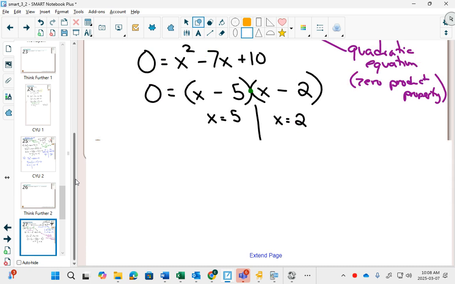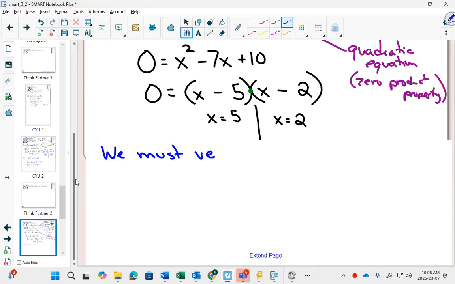And because it started as a radical equation, I know the question said verify, but I'm going to write that we must verify this. Now we have two answers to verify.